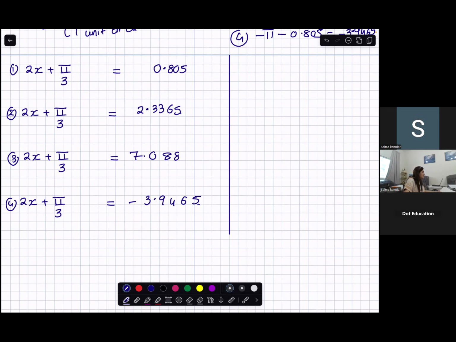But my question says I have to solve for x, right? So my x would be whatever value I am getting, 0.805 minus pi by 3, the whole divided by 2. So whatever value that I'm getting, I will do minus pi by 3, the whole divided by 2.